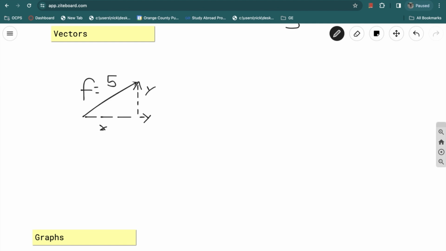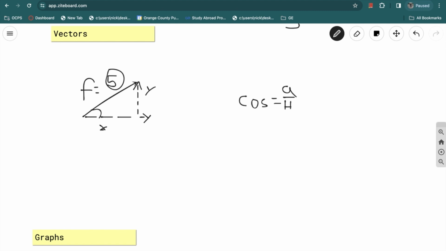So to find those components, you have to look at the equations related to this angle with the horizontal. So if we want to find the x component, we need to find the adjacent side of the angle. So we're going to use cosine, because cosine is adjacent over hypotenuse, right? And we have the hypotenuse, we have 5. So how do we solve for adjacent? It's the same as algebra.